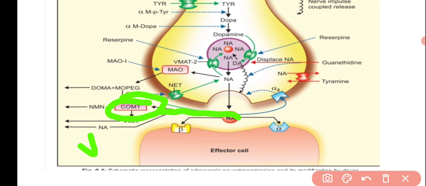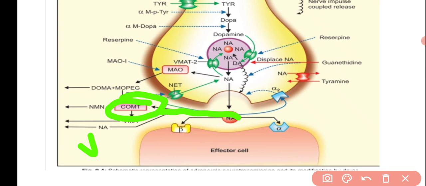So this is the neurohumoral transmission of norepinephrine. Some drugs will modify all these steps.